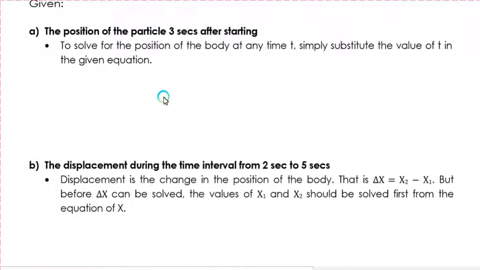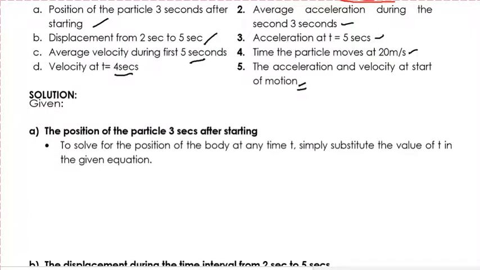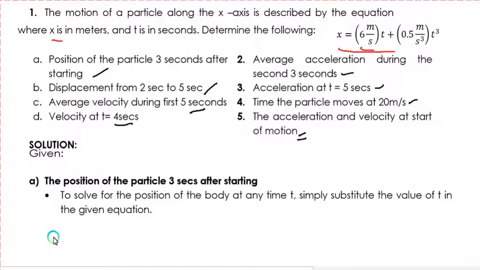Okay, so, therefore, since given sa aton ang equation sang x which is equal to x is equal to, so we have 6 times t naton gamiton is 3 seconds kay 3 ang gin-mention niya.